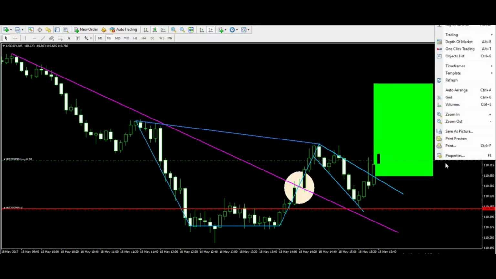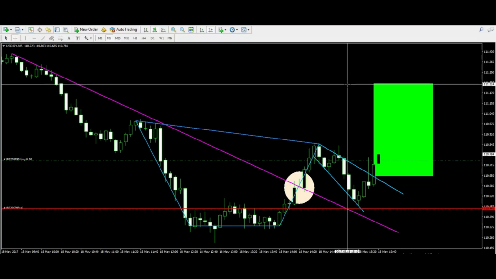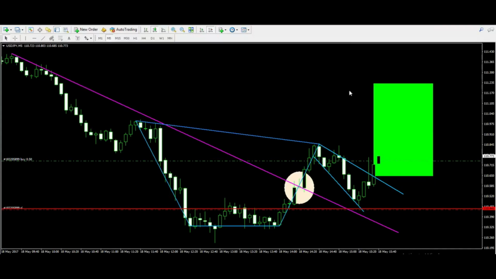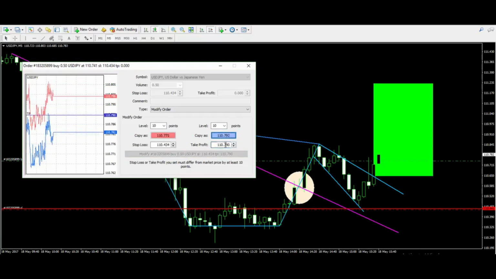Okay, and my take profit order should go at the upper level of this rectangle. So maybe I can take 111.20 because it's a round number and it has psychological meaning maybe. And as you probably know, I always like to put meaning in my levels. Okay, 111.20 I set.